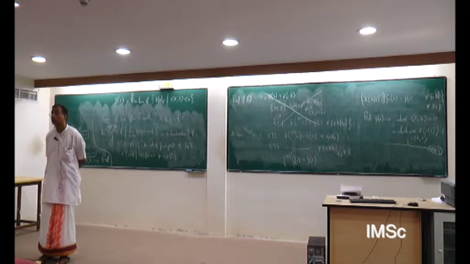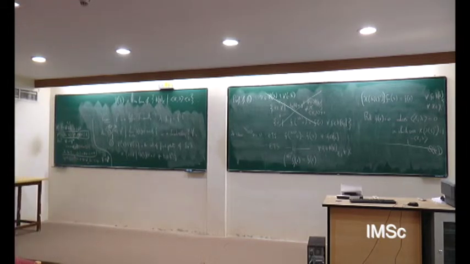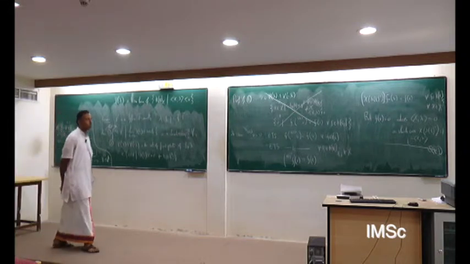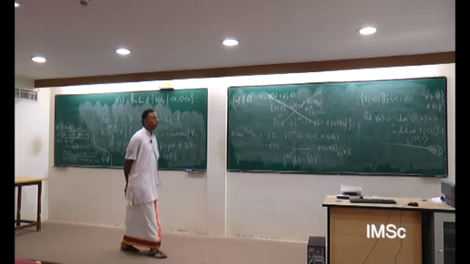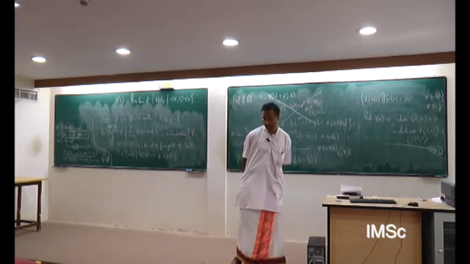What are the characters of GL_n? Are these all the characters? Yes, they are all the characters. How do you prove that?